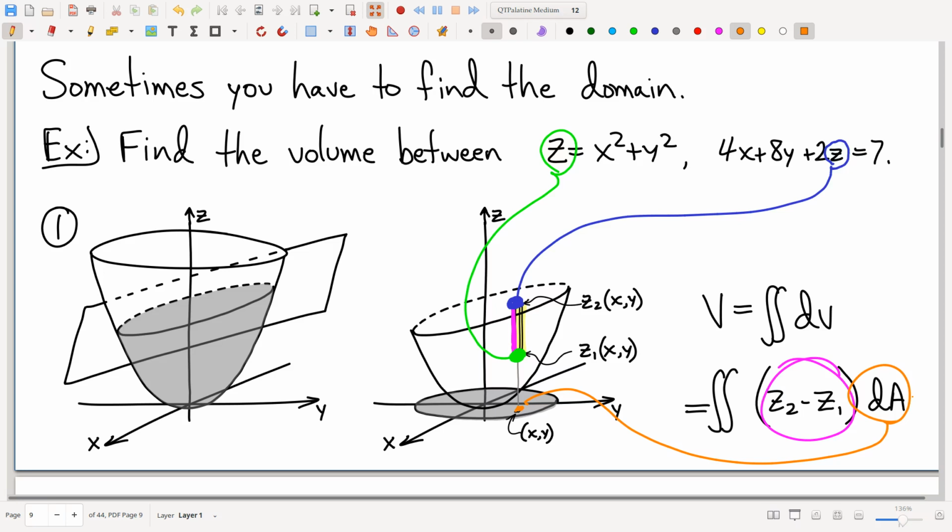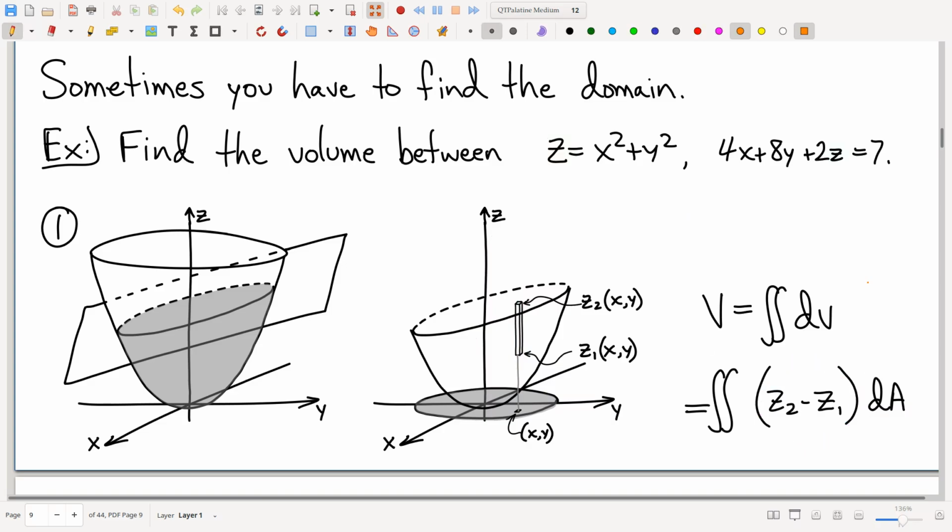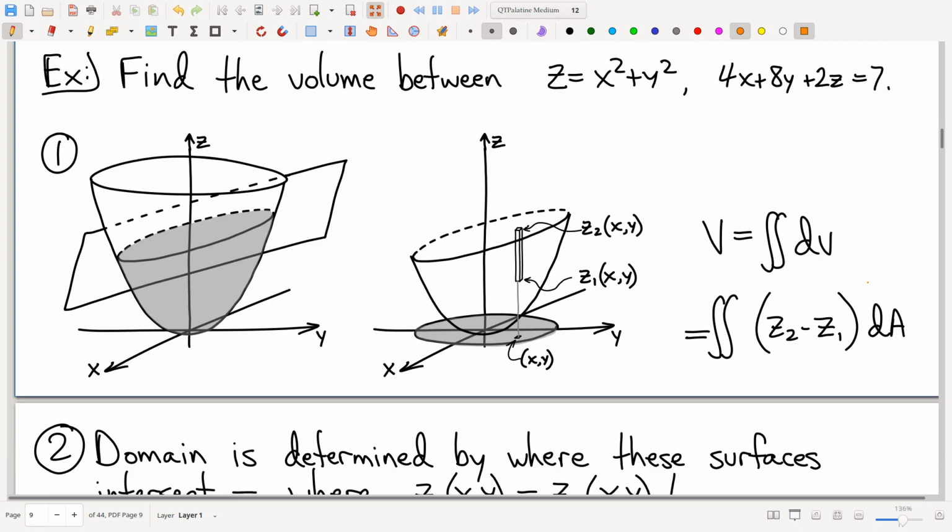Okay. All right, so what's the domain? It didn't tell us a domain. We're going to have to figure out for ourselves what the domain is. And I hope it's pretty clear that the domain is this shadow down here, that shadow down in the XY plane. But what is that? What are those points?